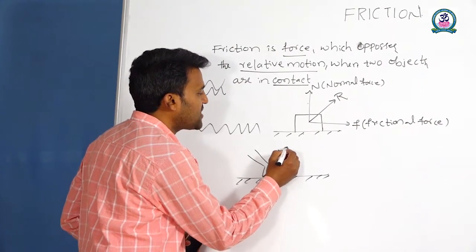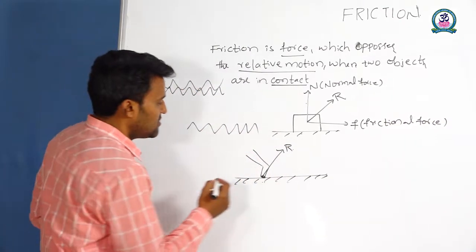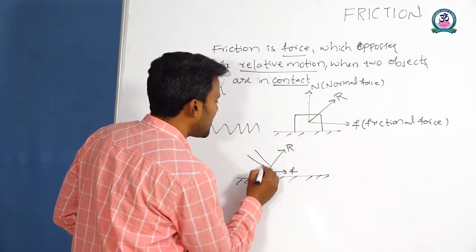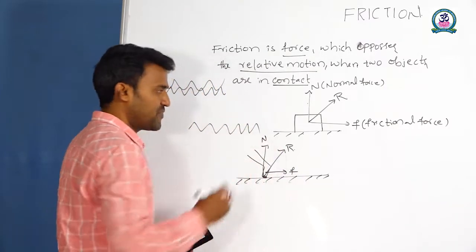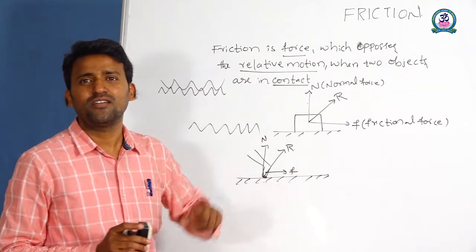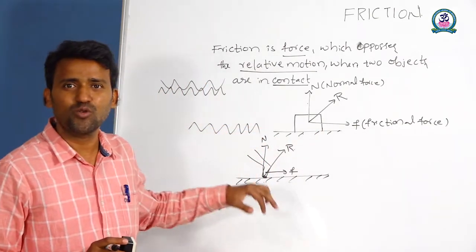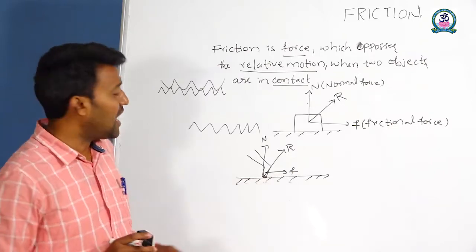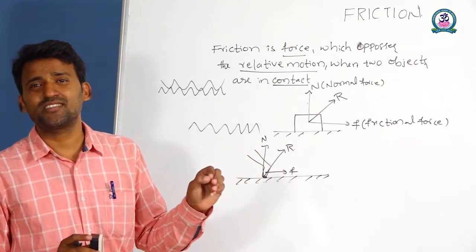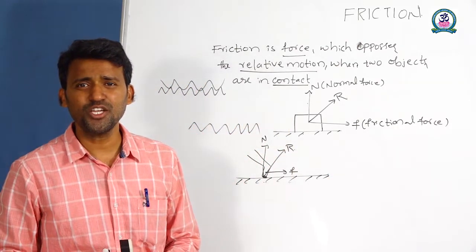At that time, a contact force or reactional force exists. It can be resolved into two components: one is the frictional force and one more is the normal force. In this situation, the frictional force supports the motion of the human body. And what is the duty of the normal force? Here the normal force is balancing the human body.